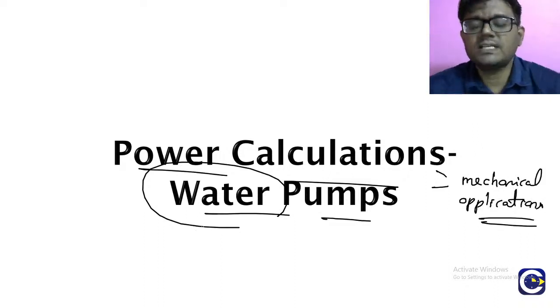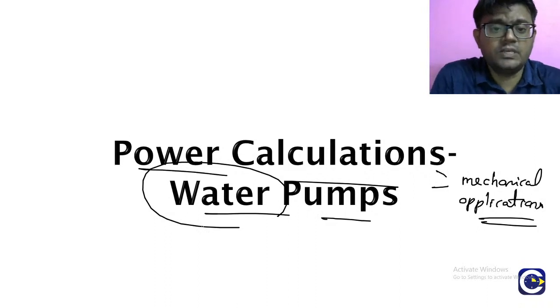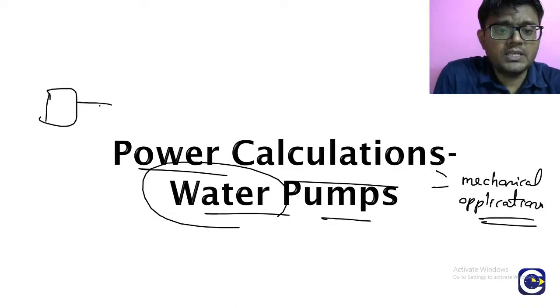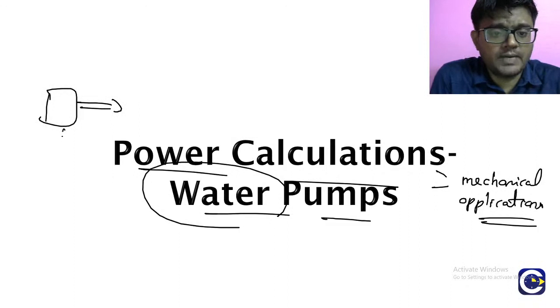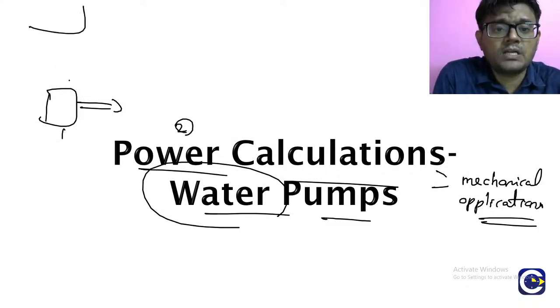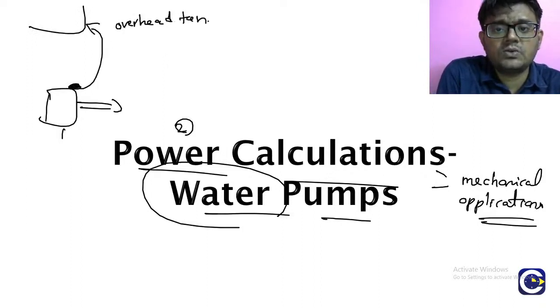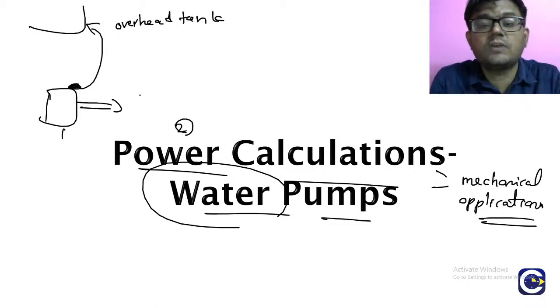We generally use a water pump either to pump water from one place to another, or to pump water from the ground to the overhead tank. These are the two common ways of using a water pump.